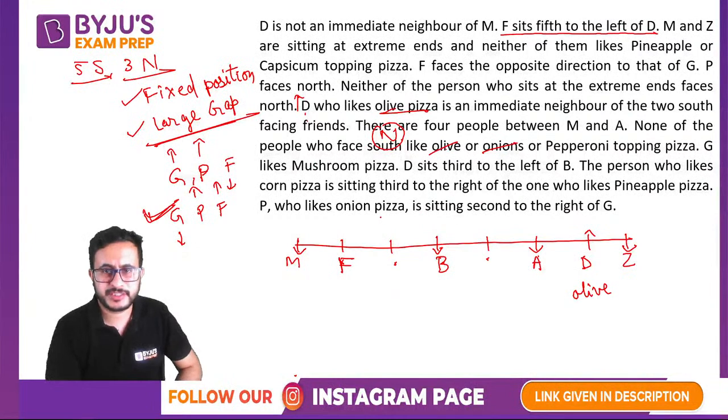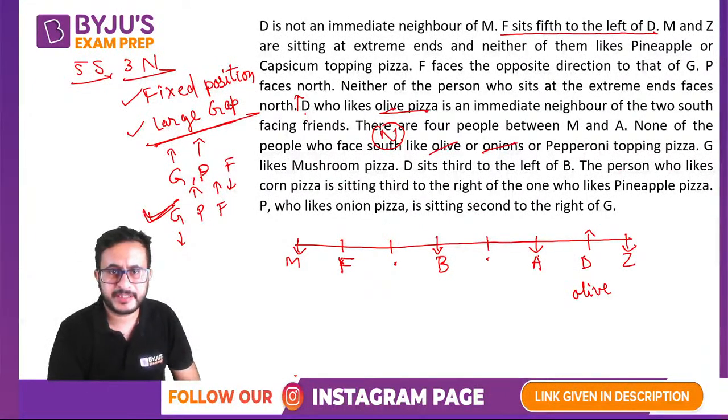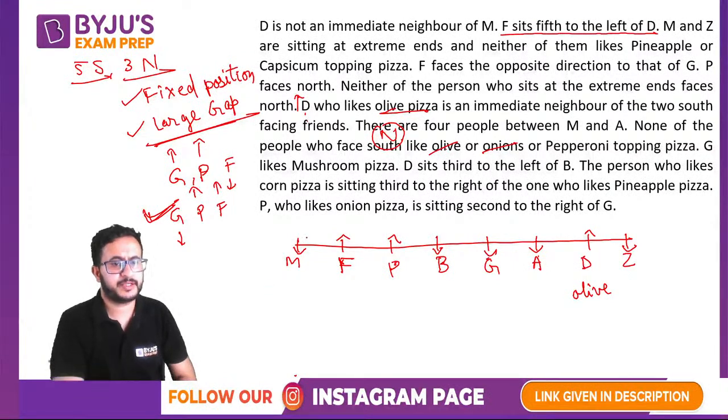So now we will put G and P. And it is saying that P is sitting second to the right of G. So if we put G here, we will get P here. So P is facing north, F is also facing north.